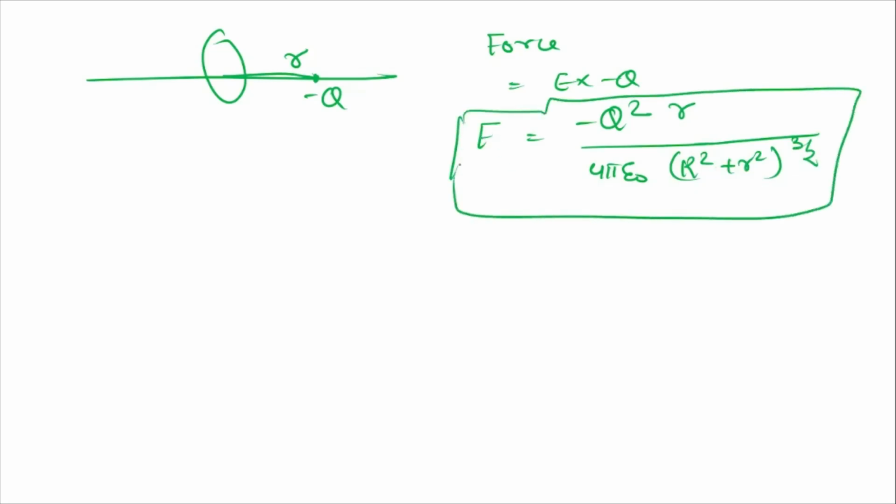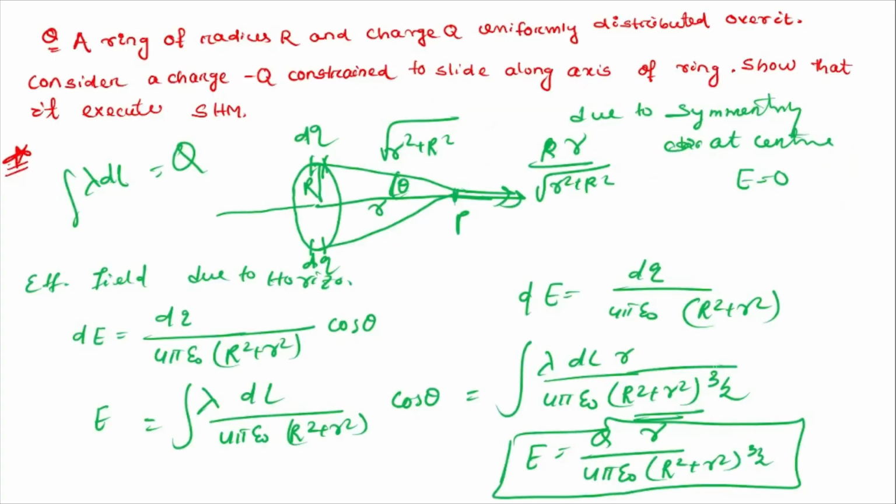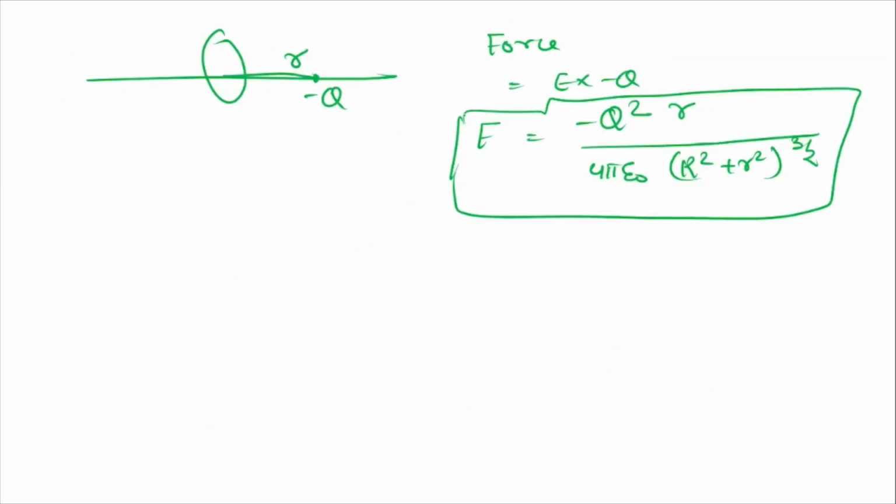And similarly, the electric field will always be in the outer direction, so this will be along, let's say this is the z axis. So at this point the force is along the minus z axis, at center the force will be 0, and again on the negative side the force will be along the positive z axis, so it will oscillate.